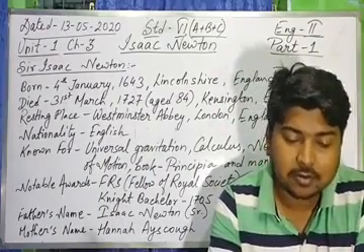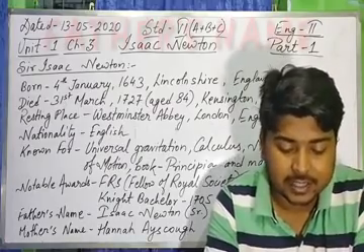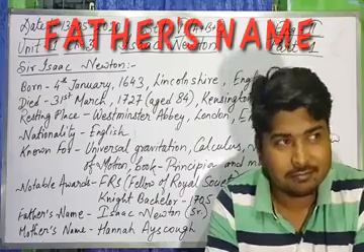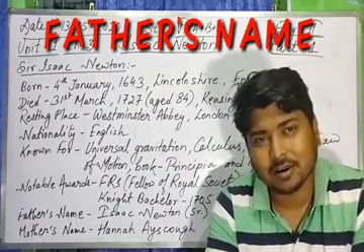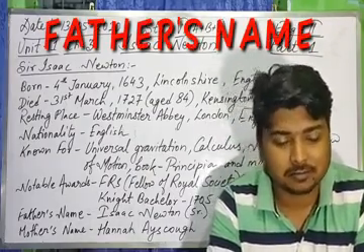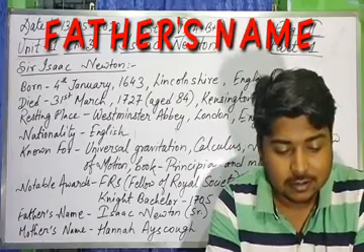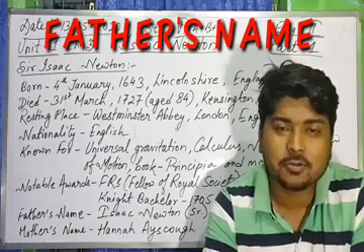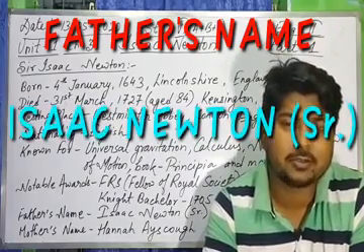Now, coming to his personal life, his father's name. There is a confusion, sir. A lot of people get confused about his father's name. But this is true: his father's name was also Isaac Newton.